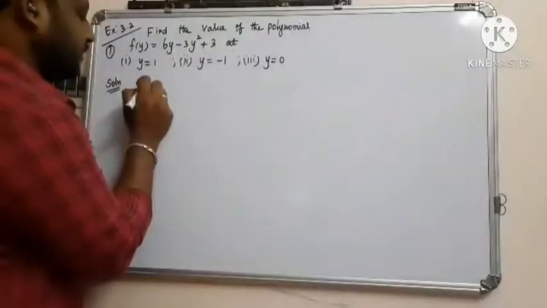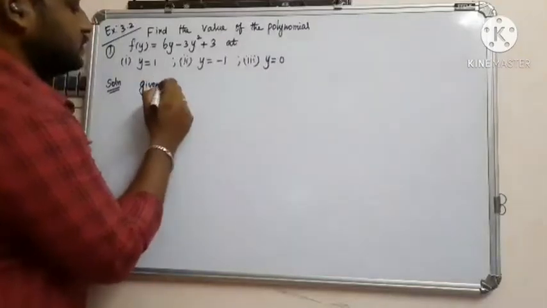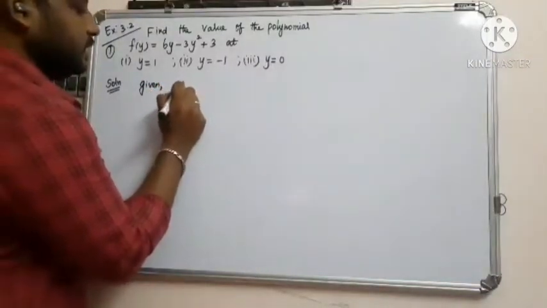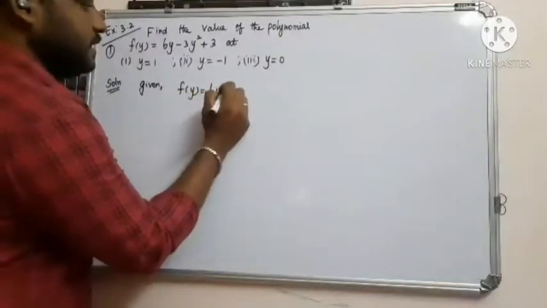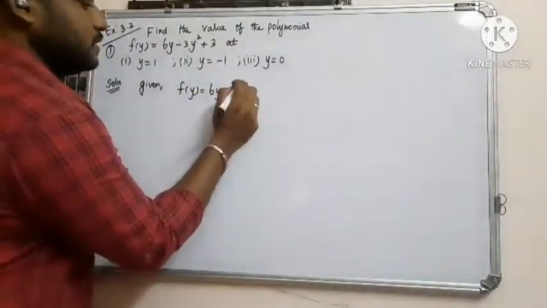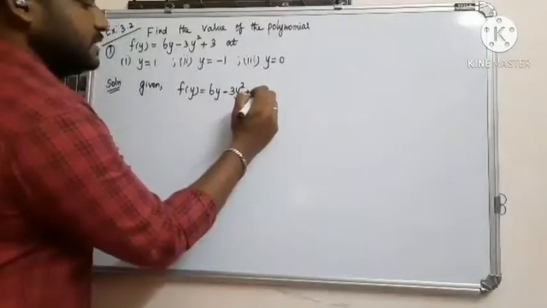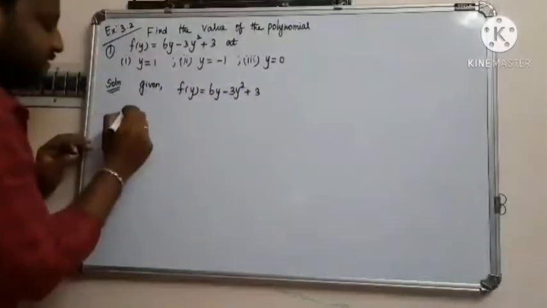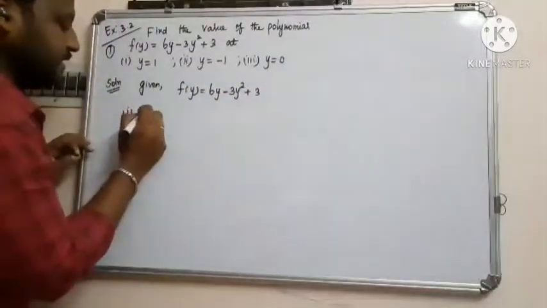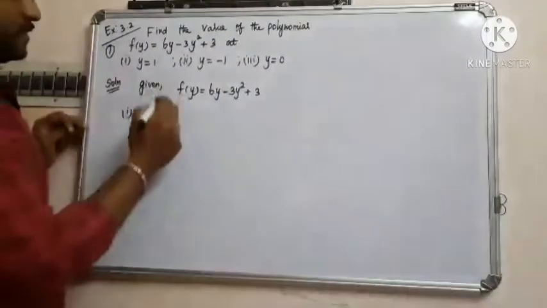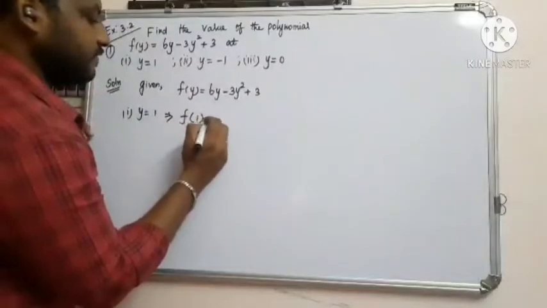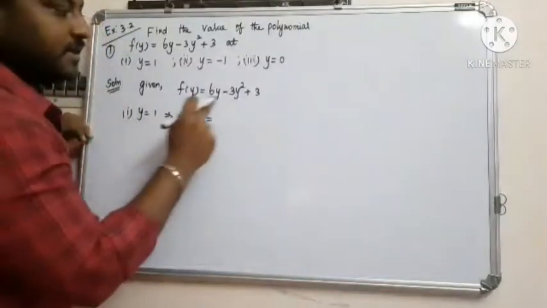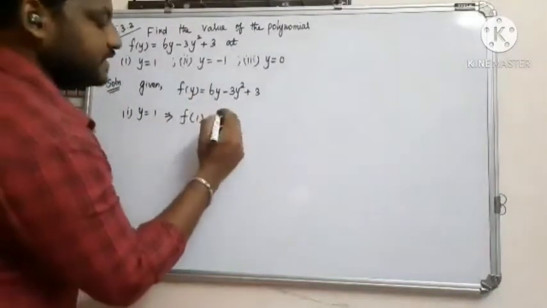So given polynomial is f of y is equal to 6y minus 3y square plus 3. First we have to find y is equal to 1. So substitute the value y as 1, that is f of 1, which is equal to, you have to substitute 1 instead of y.